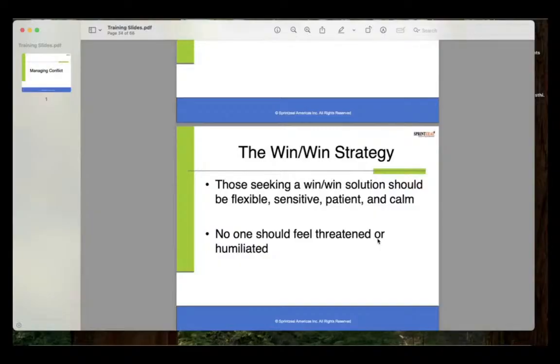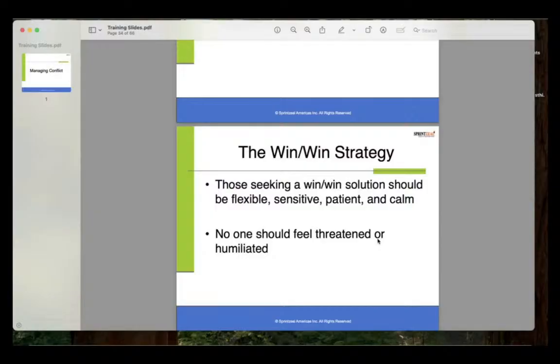So these are some key approaches or key points that we should keep in mind while using any of these strategies. While using win-win strategy, whoever is going with this strategy should be flexible, sensitive, patient, and calm. Flexible in terms of maybe different points of view, different perspectives; sensitive towards other parties.